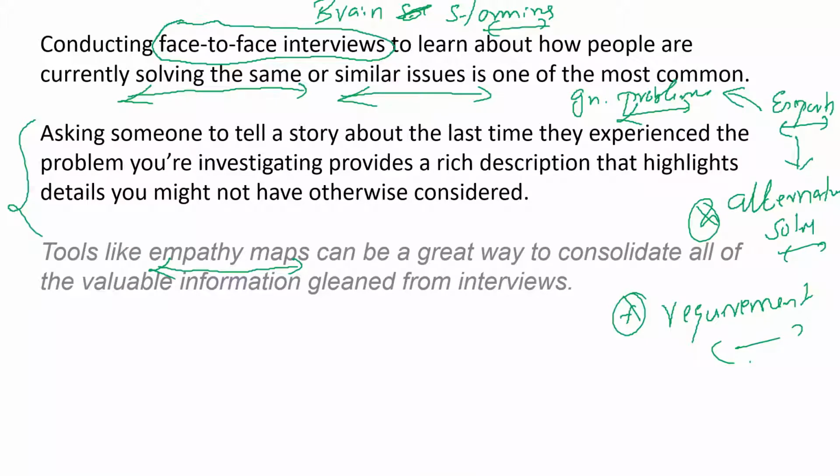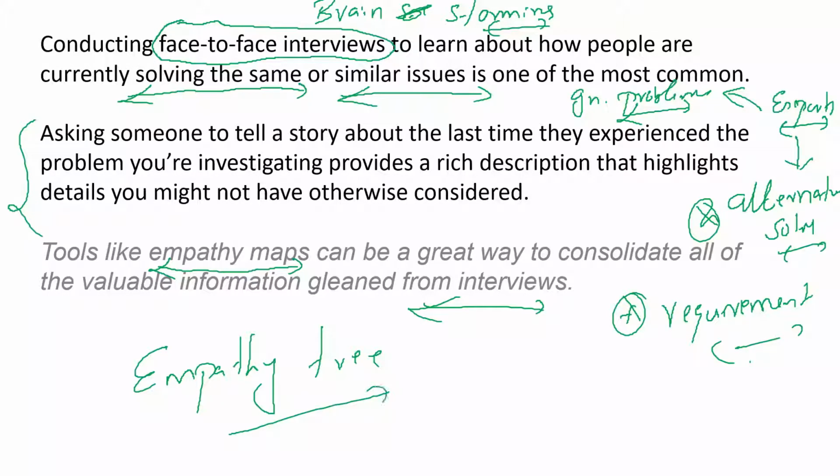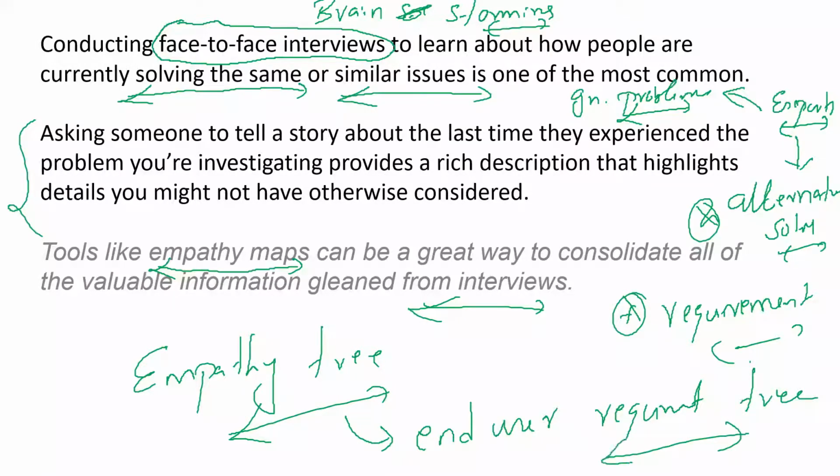Empathy maps can be a great way to consolidate all the valuable information gleaned from interviews. That means once after the interview is over, draw an empathy tree or else map, ഇത് ഷോർട്ടായി നമ്മൾ മനസ്സിലാക്കാനുള്ള രീതിയിൽ എഴുതിയാൽ എൻഡ് യൂസർ റിക്വയർമെൻ്റിൻ്റെ ട്രീ ഇതാണ്, വേറൊന്നല്ല.